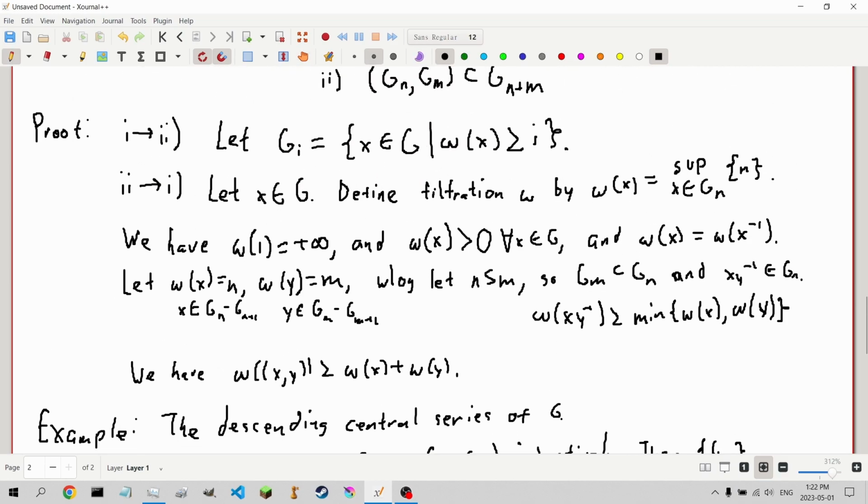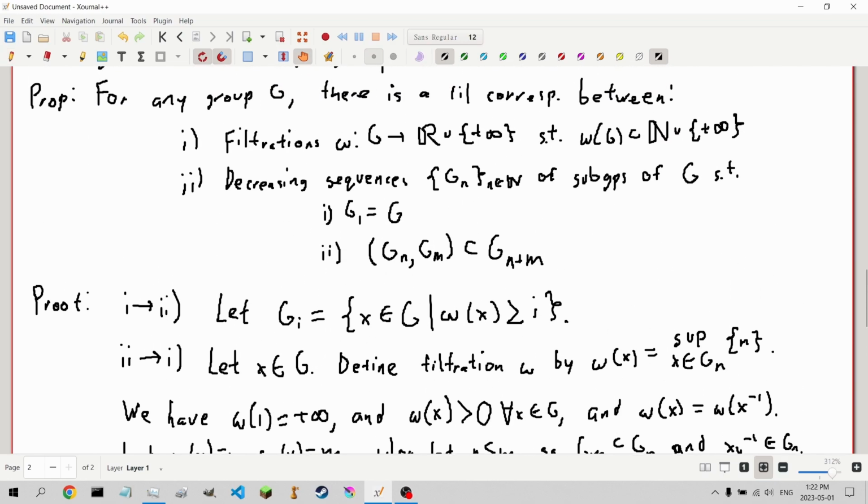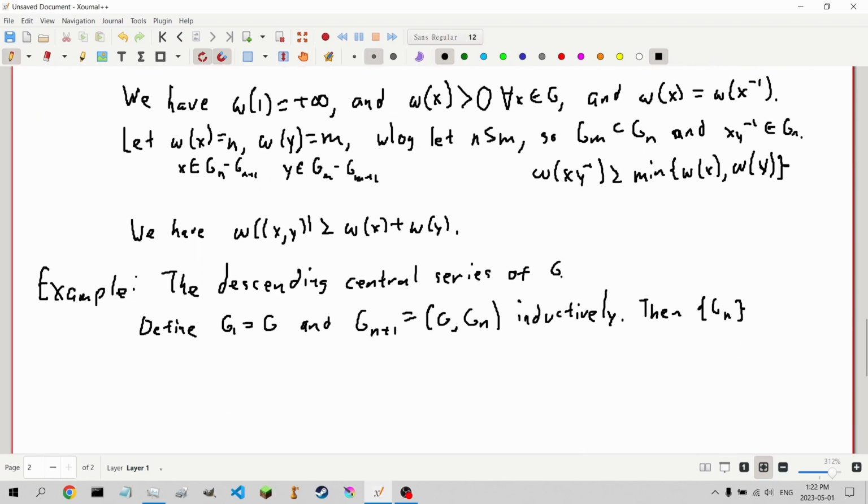If you scroll up, we see that this obviously satisfies these conditions, and so this is a decreasing sequence.